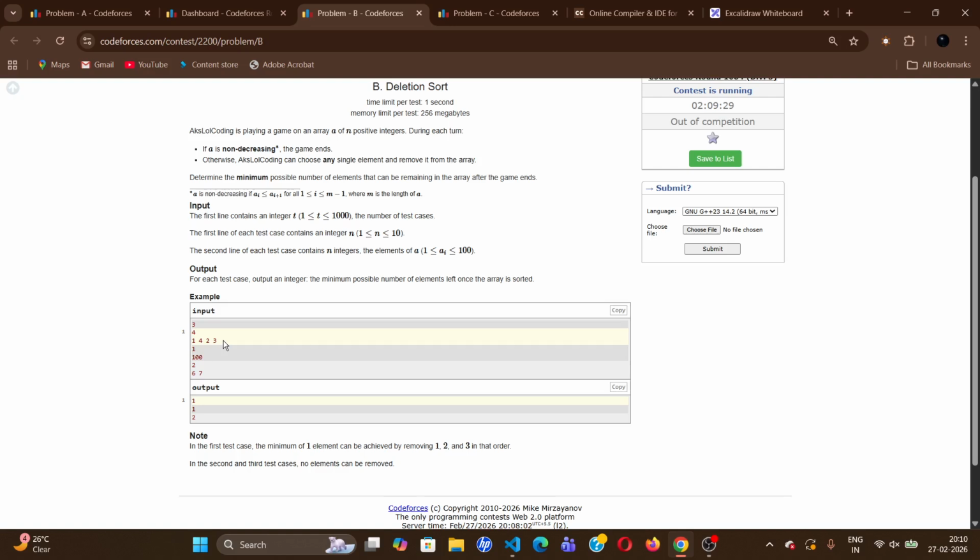That is it. So a minimum of one element can be achieved by removing 1, 2 and 3 in that order. If a is non-decreasing, fine, but it has a decreasing part, so it will have one element.